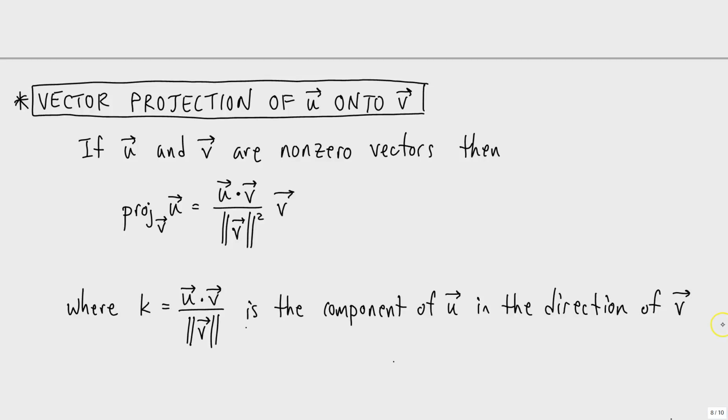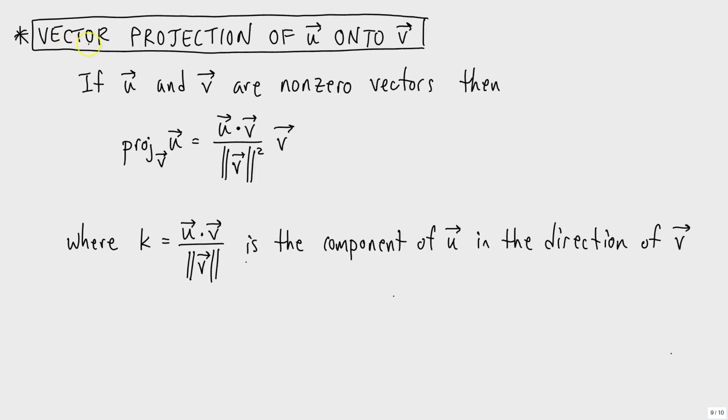So here we go. The vector projection of u onto v is the dot product divided by the square of the magnitude of v, times vector v, where k was that dot product divided by the magnitude of v.